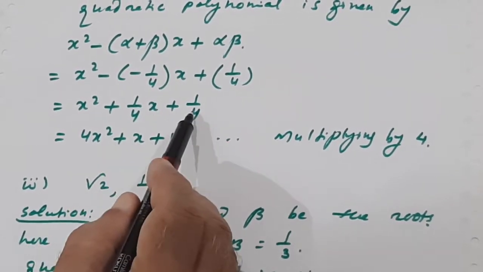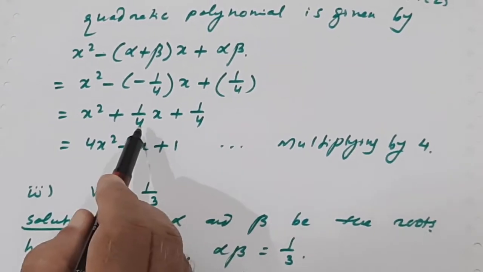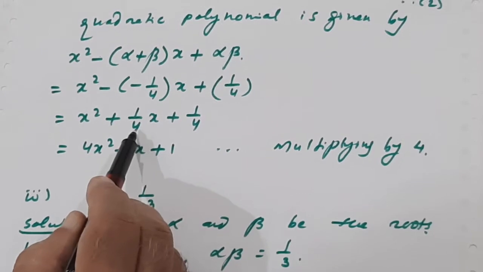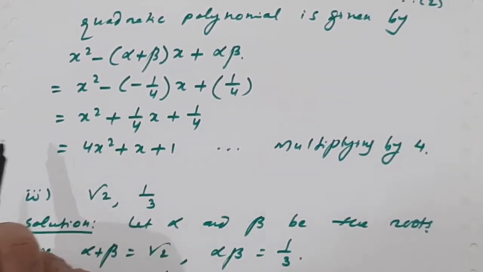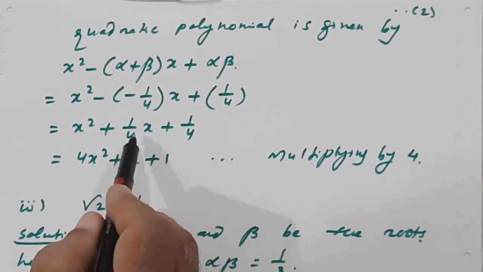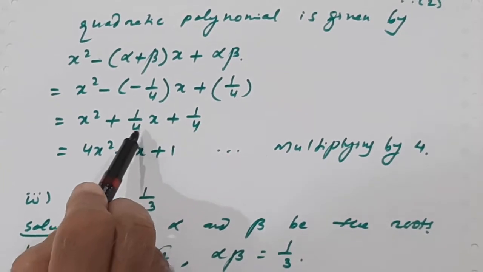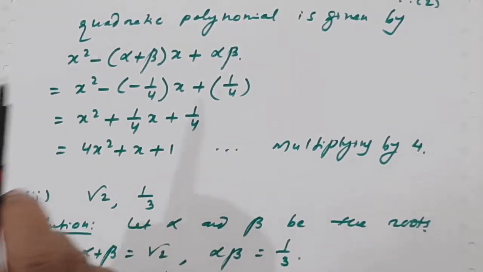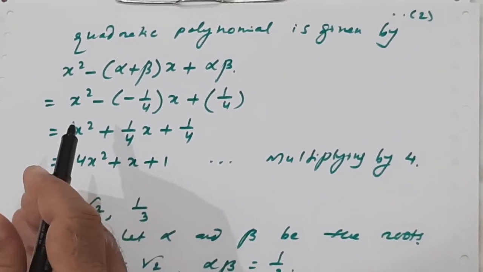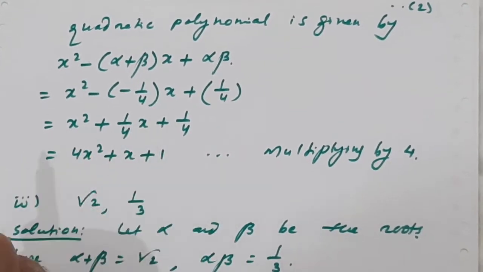Now here 4 is in the denominator. So what do you do? You multiply the entire expression by 4. You can keep it like this. This is one quadratic polynomial that will have the same zeros. And if you multiply by any number, you can multiply by 4, by 8, by 16, these are all multiples of 4, you will have any number of quadratic polynomials.